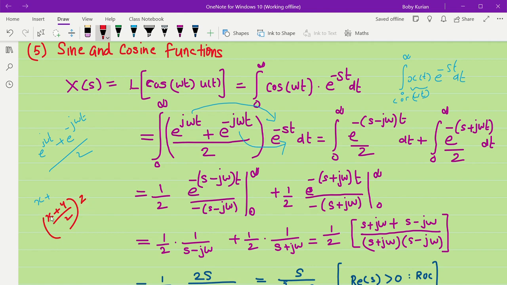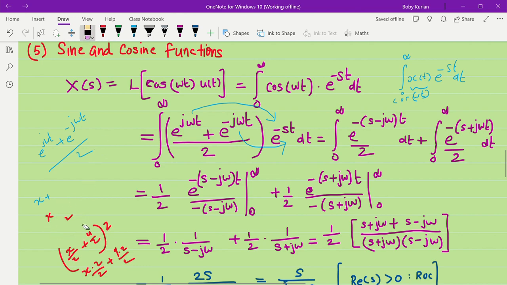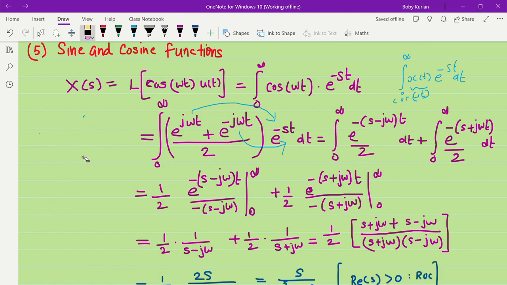But this is nothing but x by 2 plus y by 2. So in the outside there is z, so again we can multiply by z: x into z divided by 2 plus y into z divided by 2. I know that you already know about it, but I have just given you the explanation of that step.